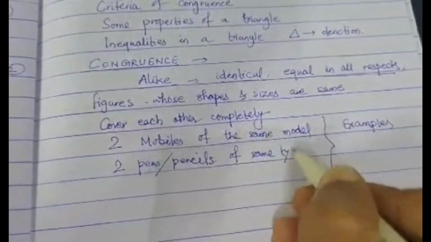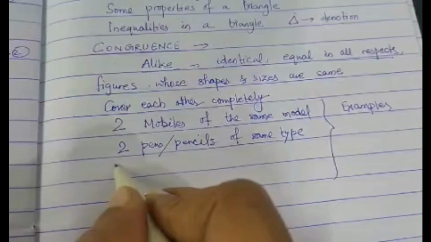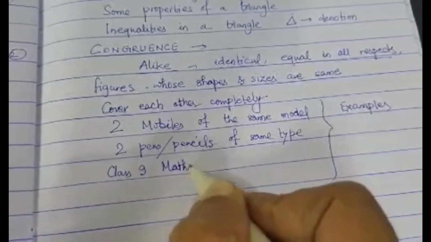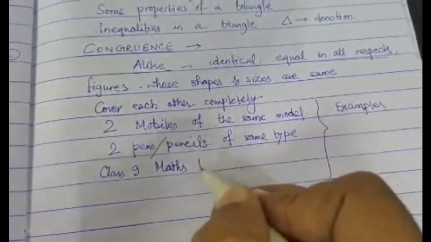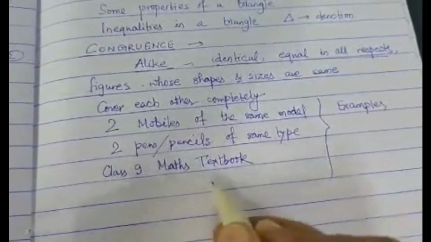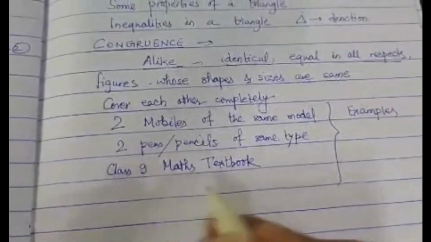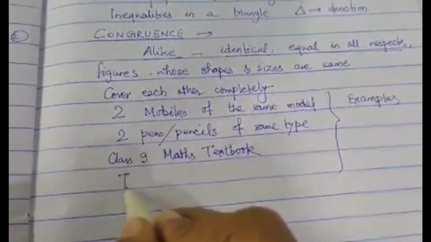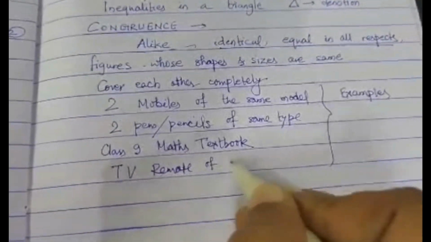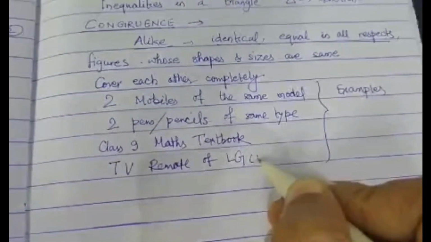Even your textbook, let us suppose class 9th maths textbook. If you compare your textbook with your friend's textbook, they both are identical. So they are called congruent. Class 9 maths textbook. All right, you can take anything. Suppose a TV remote of LG, same model.